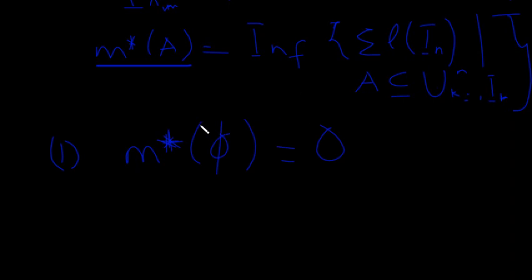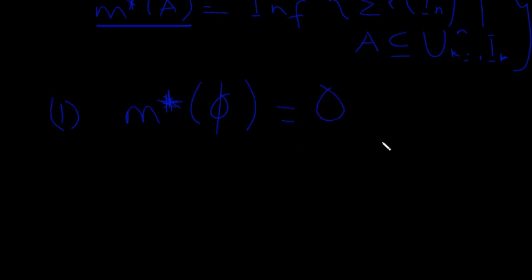There is a difference between outer measure and a set being measurable. The fact that the outer measure is 0 doesn't mean it is not measurable. We are going to do that proof in some videos to come. The outer measure of phi, the empty set, is always equal to 0, and we are going to do the proof in the next video.